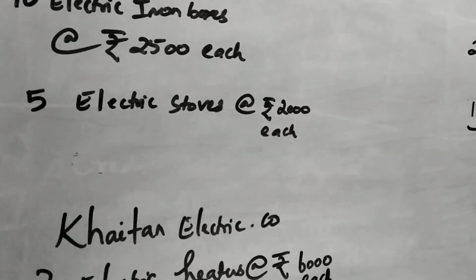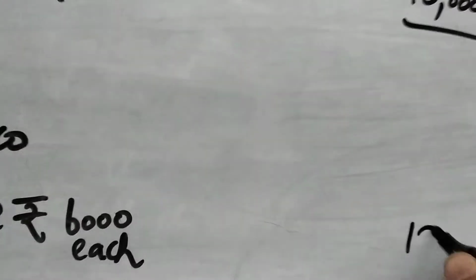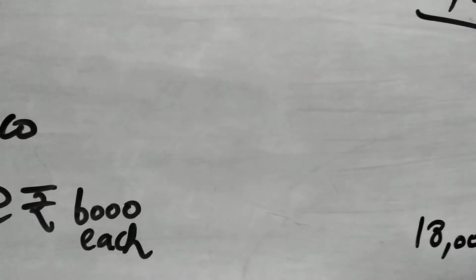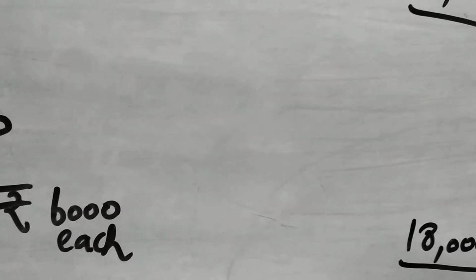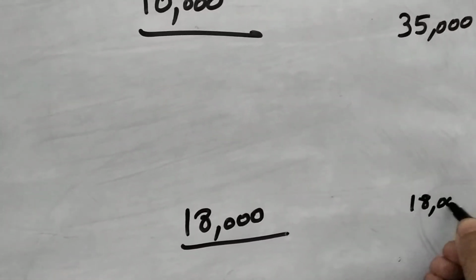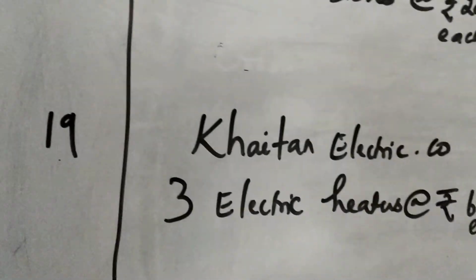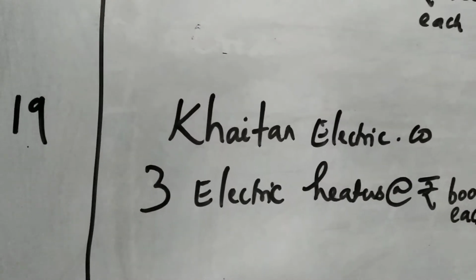So what is the total? 3 into 6000, 18,000. The same 18,000 to be written in the outer column. You don't have anything else for Ketan, only 3 electric heaters.